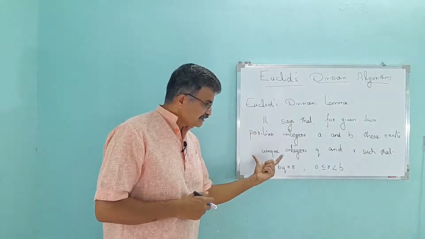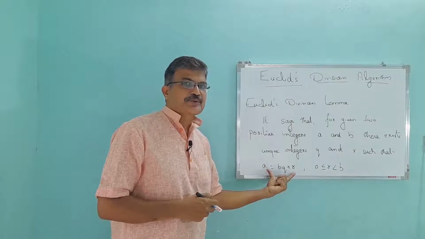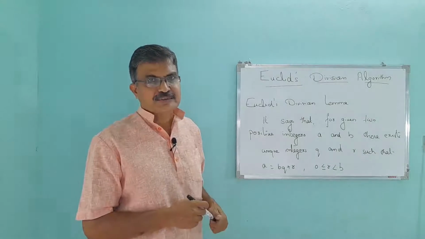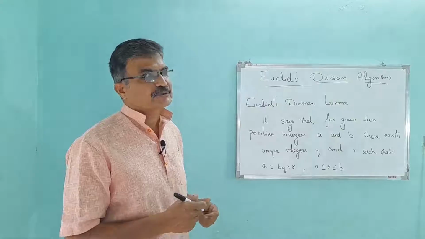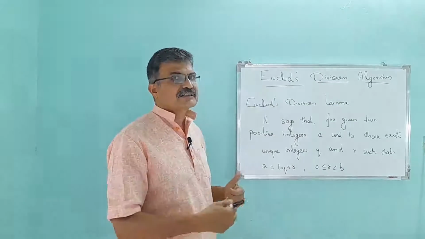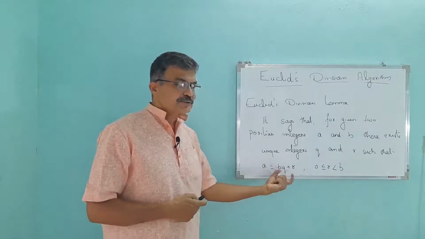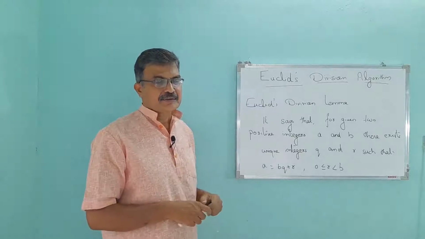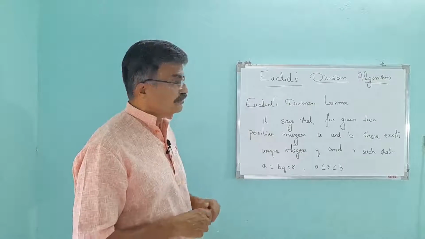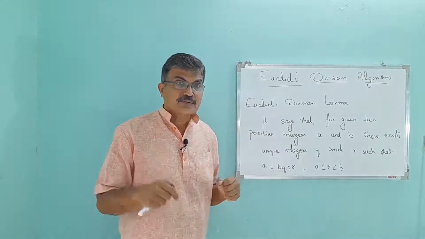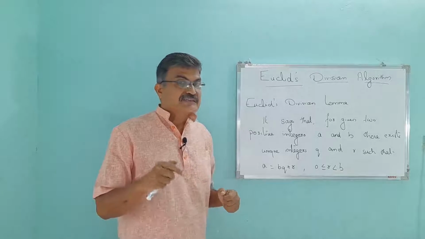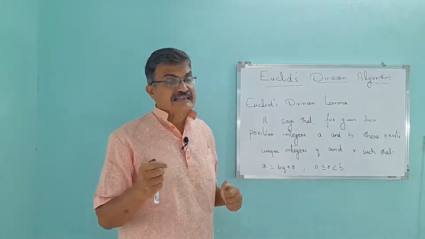This equation you have already studied in lower classes. To check the accuracy of the division, we will look at it after some time. One important thing, this lemma was first recorded in Book 7 of Euclid's Elements.